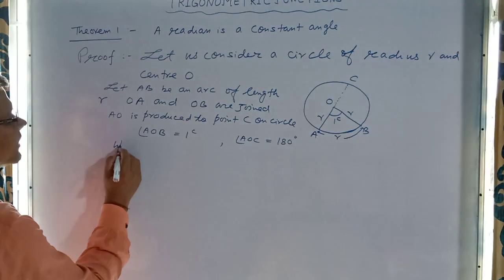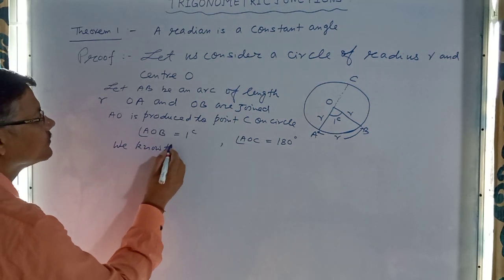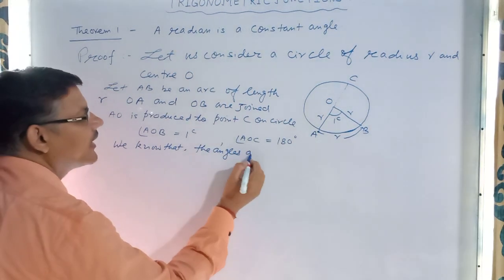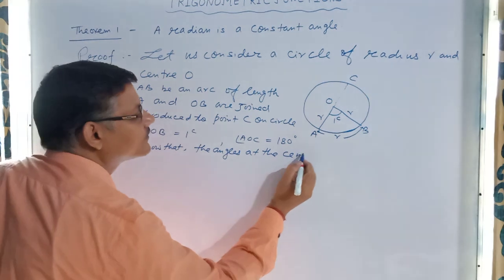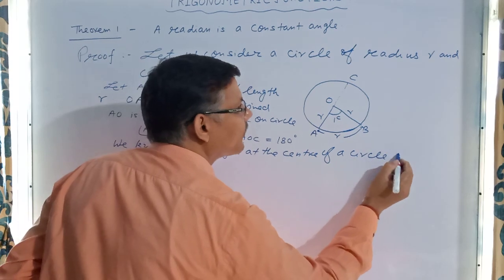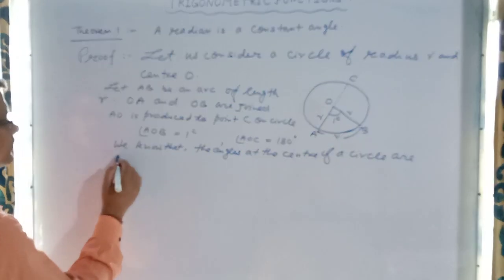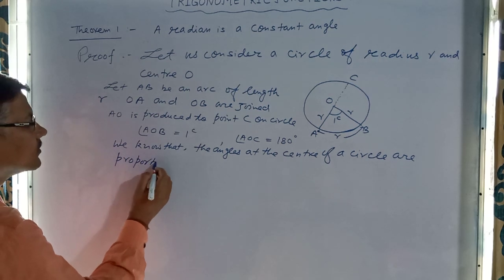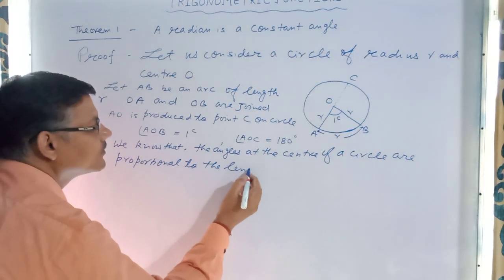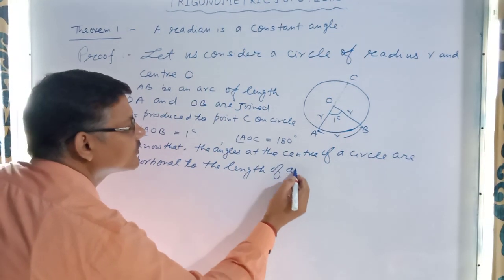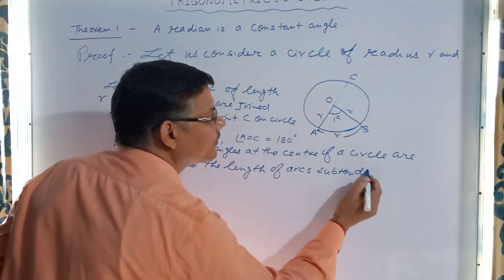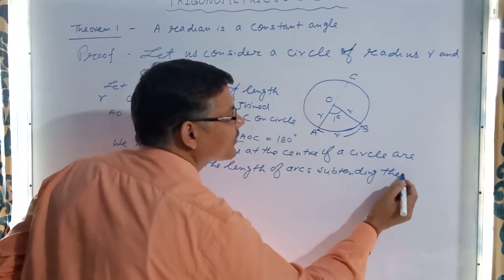Now we also know that the angles at the center of a circle are proportional to the length of arcs subtending them.